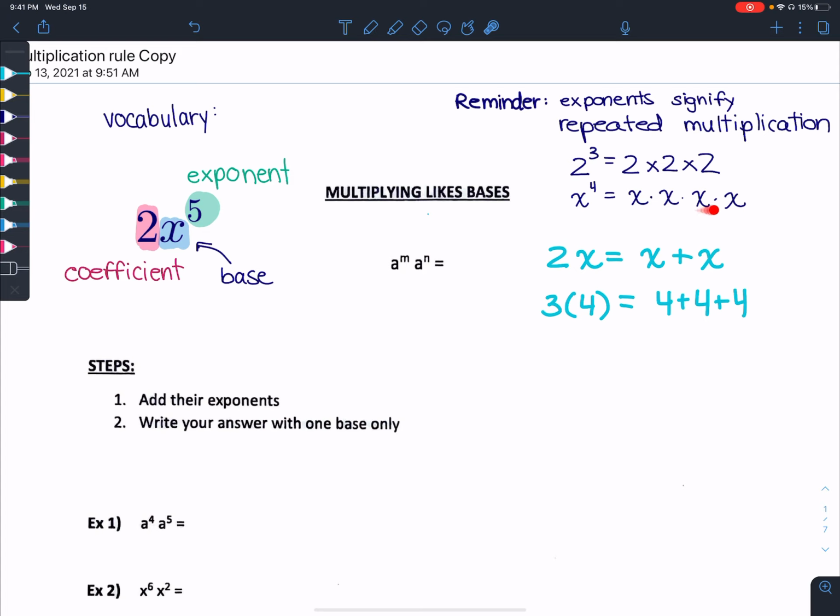So here you might hear me say, how many x's do we have? We have 4 x's. I could also make the same statement with the multiplication. How many x's do we have? We have 2 x's. The difference is this how many is really vague, and it doesn't specify what exactly we're doing with these x's.